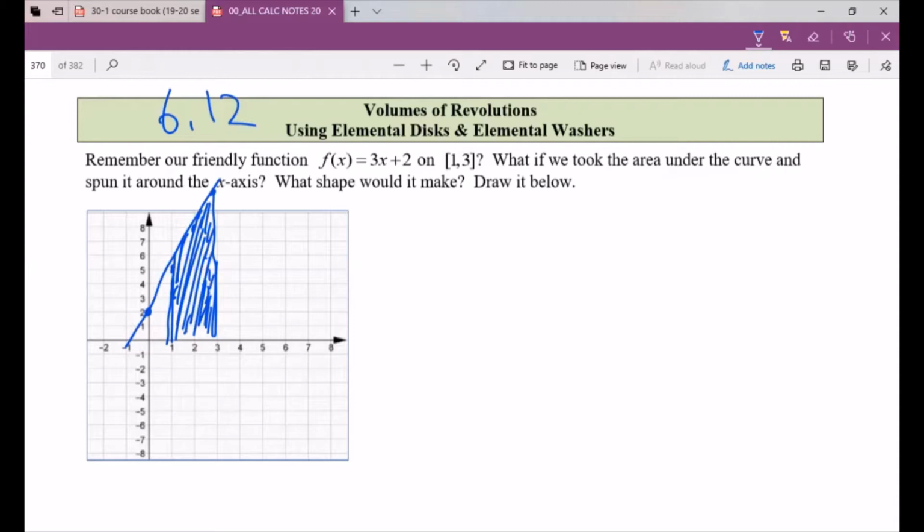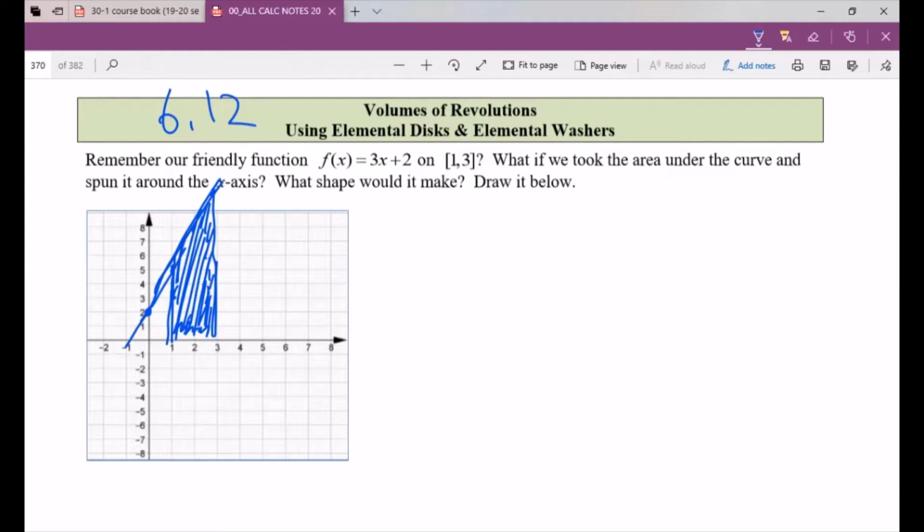But what if we start with that area and extend that into another dimension? It's like we have this one-dimensional line, and by integrating it, we've taken it into this two-dimensional area.